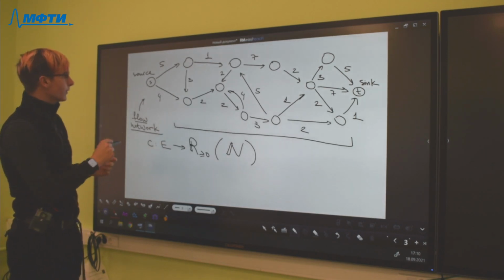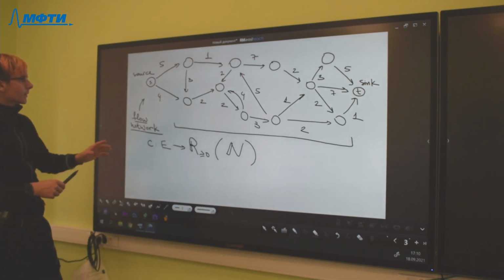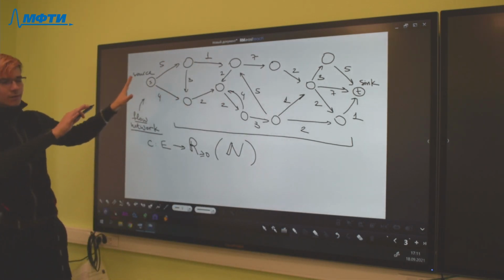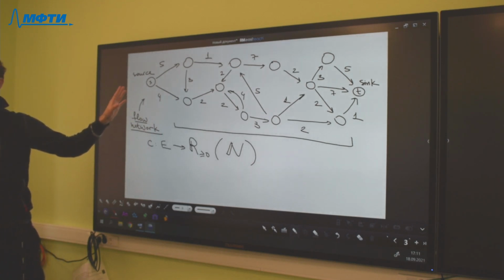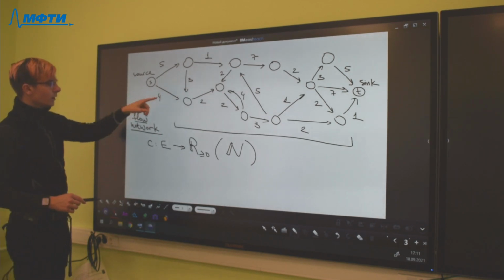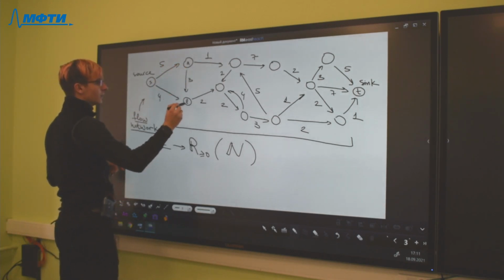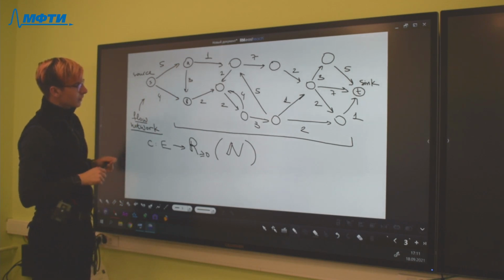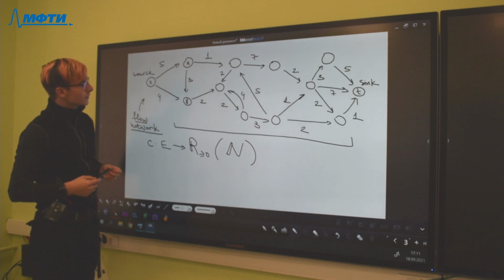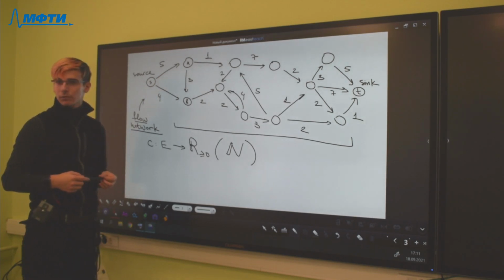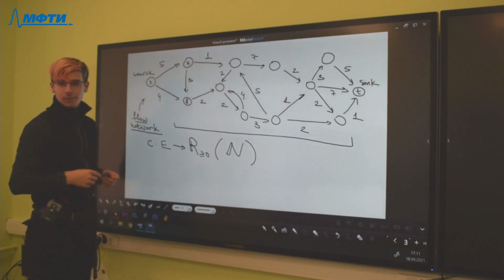So if, for example, there is no edge between source and sink, this edge has 0 capacity. And we can say that the capacity of the edge BA is equal to 0, because we don't draw it.